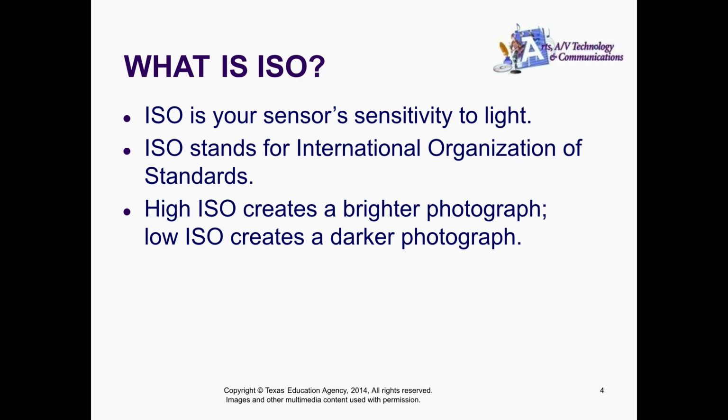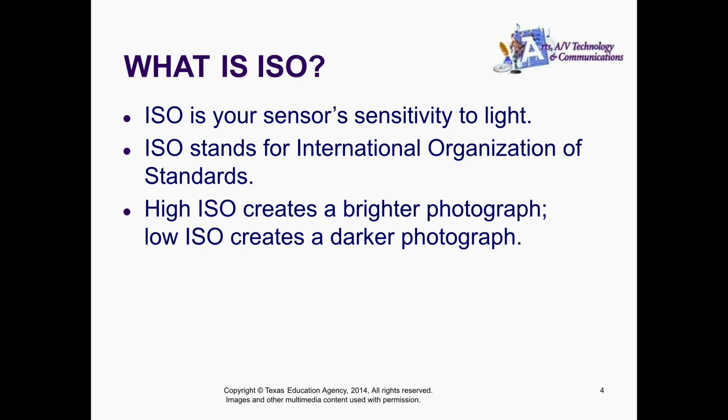A high ISO is going to brighten up a photograph, and a low ISO is going to darken a photograph. So in ISO, it's 100, 200, 400, 800, 1600, 3200. This is an easy one to remember. They're doubled: 1, 2, 4, 8, 16, 32, 64.